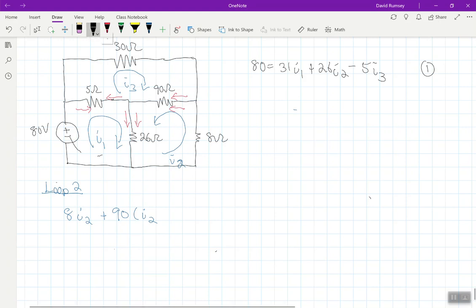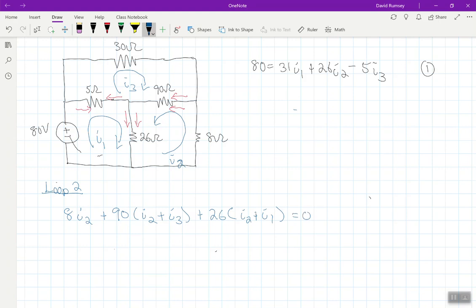So since they're both going to the left, it's going to be plus I3. And then we've got this 26 ohm one, and we've already got the currents drawn in there, so we know what directions they're going. So this is going to be 26 times I2 plus I1 equals 0.